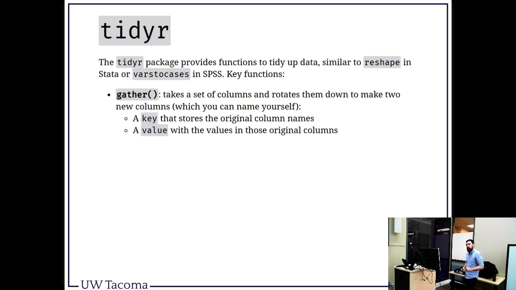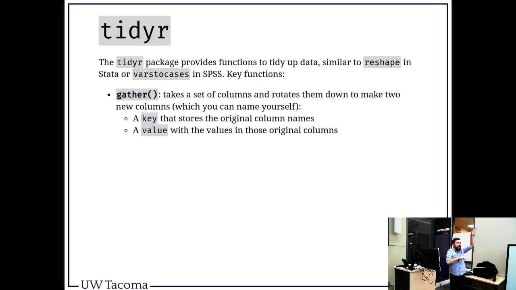What gather does is it will take a particular set of columns you give it and rotate them down. So if you have a whole bunch of columns going like this, it rotates them down to make 2 new columns. If you gave it 100 columns, it still produces 2 columns. It takes all the values in them and generates a key and value pair. The key is going to be the name of whatever column was originally there, and the value is whatever value was in that individual column.